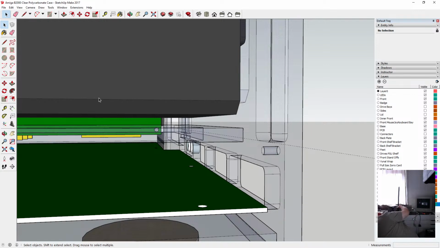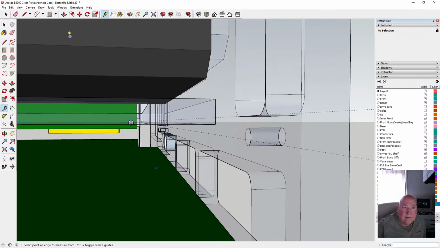Yeah, 23, which is 23.5, and the hole is 19.5. So the hole's a little out for starters.